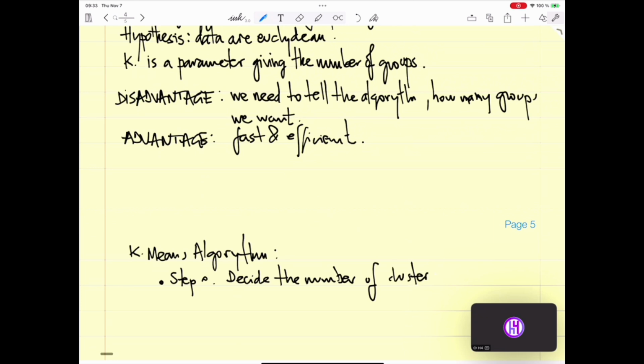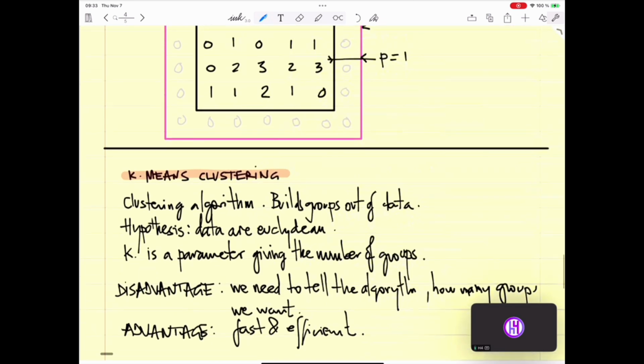Intuitively, this would be K. Let me paint a little drawing here to describe it. Imagine you have here two variables, and this would be like a map. And then you have a bunch of customers at this location, a bunch of customers at this location, and a bunch of customers in this location.